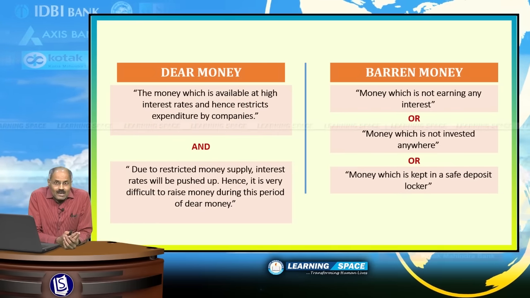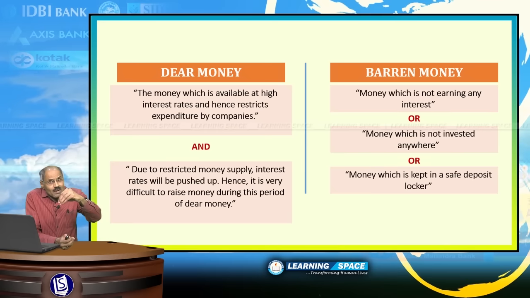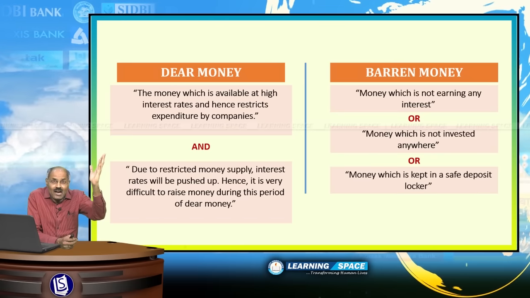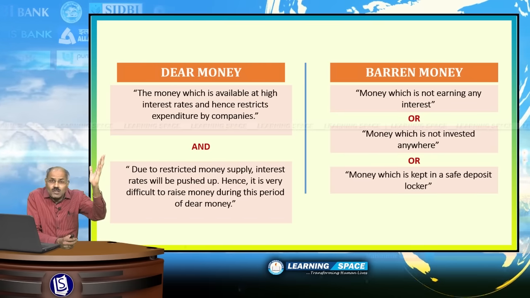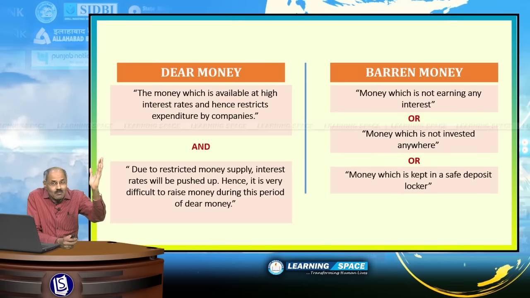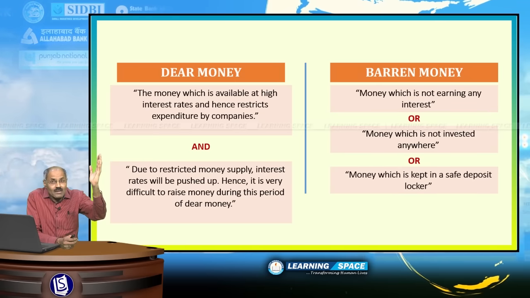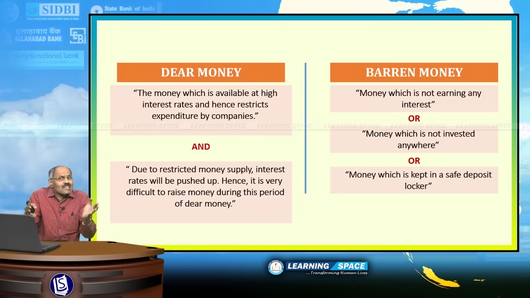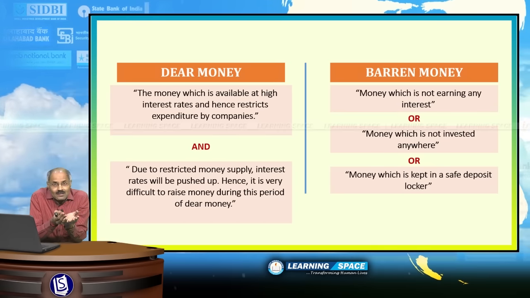What is dear money? Dear money is the money available when the interest rate structure is very high. The money which is borrowed at high interest rate is called dear money, because when the interest rates are high, the availability of money supply is very less.